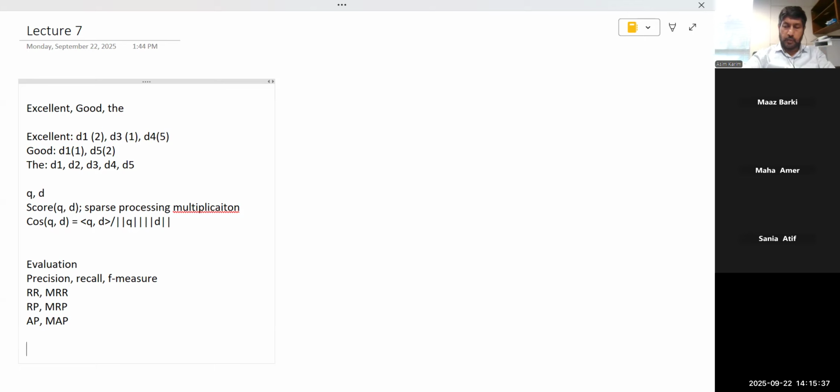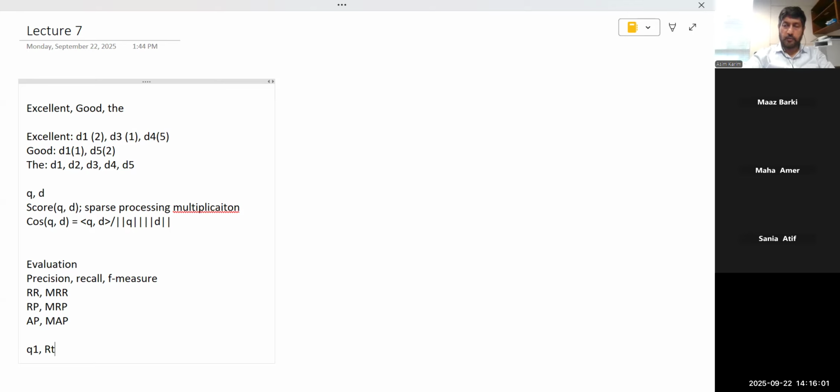So let's say you have an IR system and you have a query. Any query. The output of that query is what you have to evaluate. Okay? One query. Let's say I call it Q1. Okay. So we mentioned two sets last time.